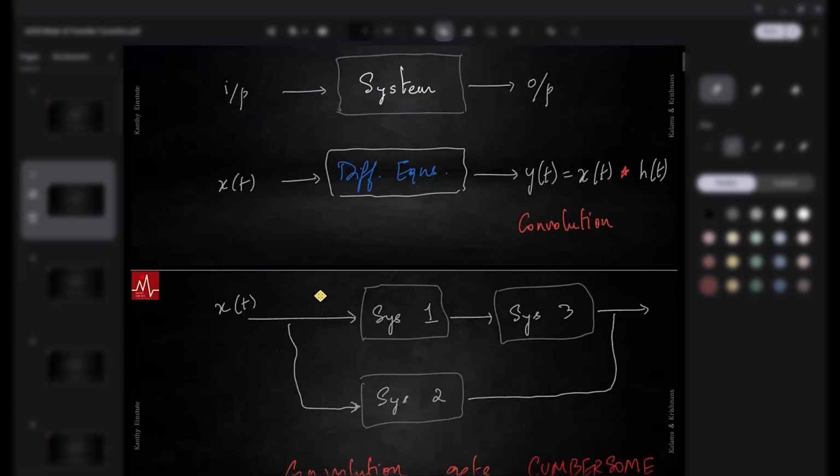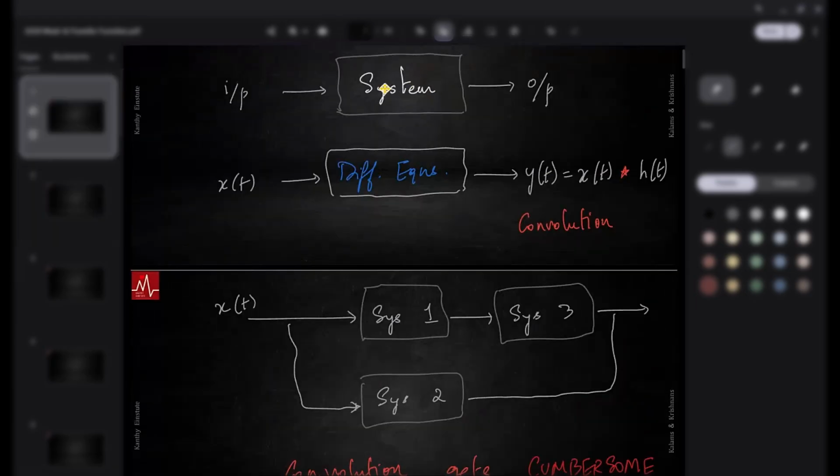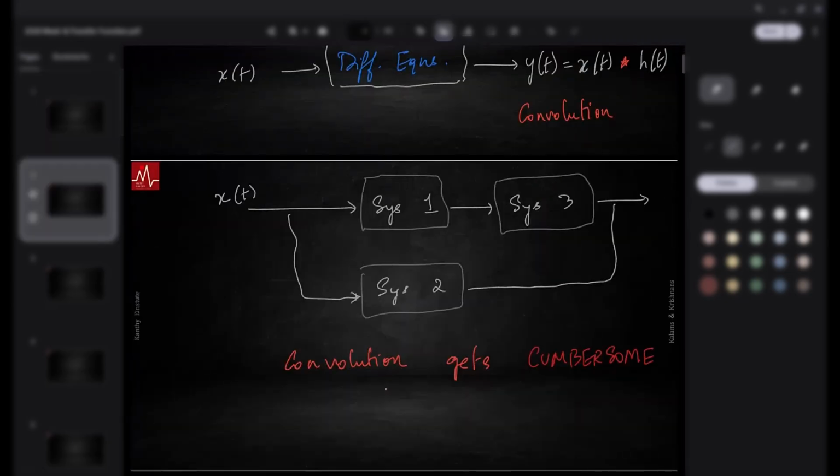Okay, so notice we start out with a system RC, resistor, capacitor. There is a differential equation corresponding to that. With an RC system, there is a first order differential equation. Input and output are related like this. And when you have multiple systems, convolution gets cumbersome. So what you do is you use the Laplace transform, where convolution becomes products and things are easy to handle, right?